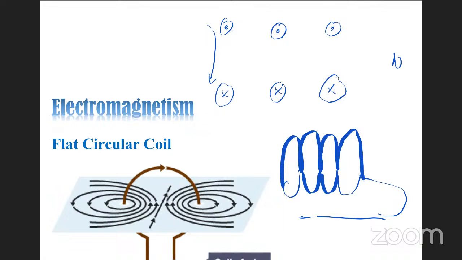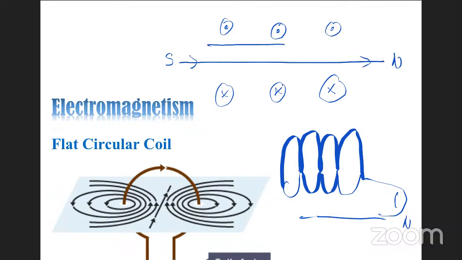You will see that your thumb points to the right. So if here is north, then here is south. Magnetic fields will always leave the north and go into the south.